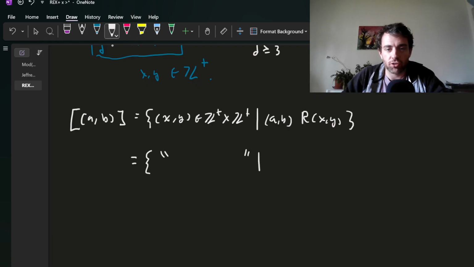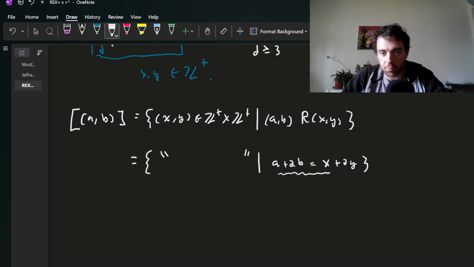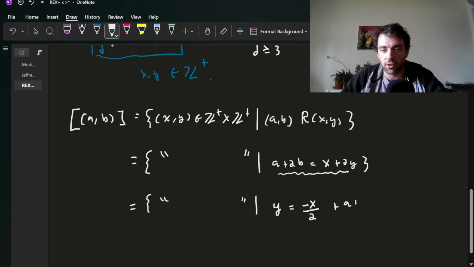So I'll write just the same thing here, and this is the equation, right? I'm just writing things out again very carefully: x plus 2y. So now we can see how to manipulate this equation. Basically, this just becomes the set of all points where, if I rearrange this equation into y equals mx plus b form, I'm going to do a couple steps at once, this becomes y equals negative x over 2 plus (a plus 2b) over 2, right?